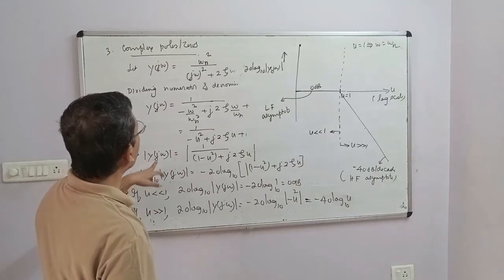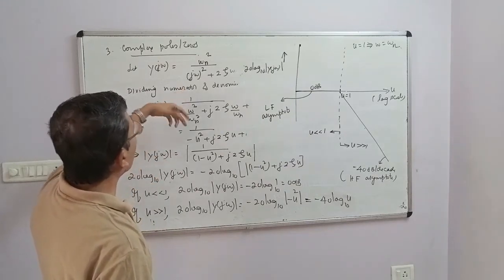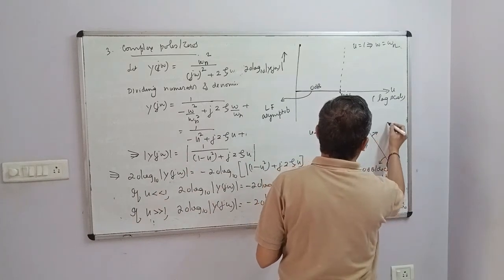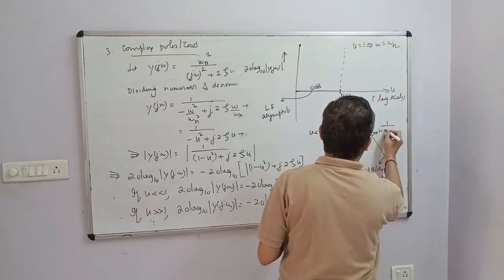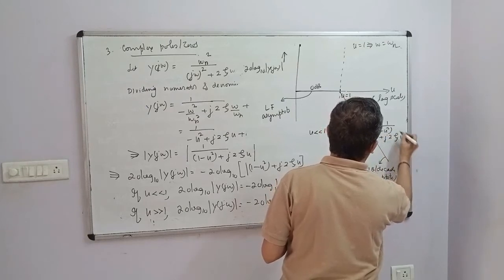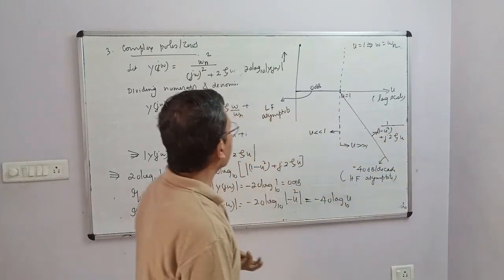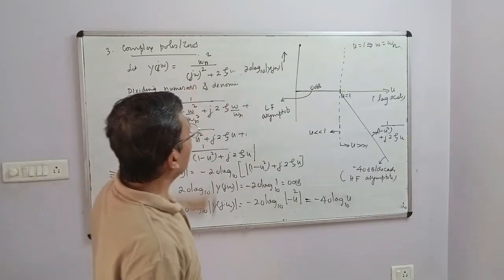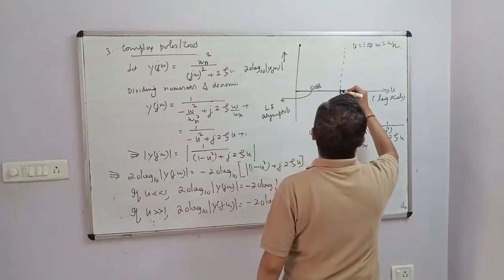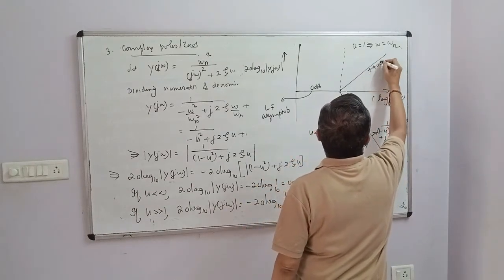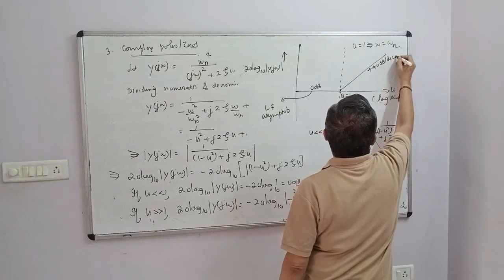Instead of a quadratic pole, if you have a quadratic 0, this diagram is drawn for 1 over 1 minus u square plus j times 2 zeta into u. If it is a quadratic 0, the corner frequency will not change. The slope will become plus 40 decibels per decade.